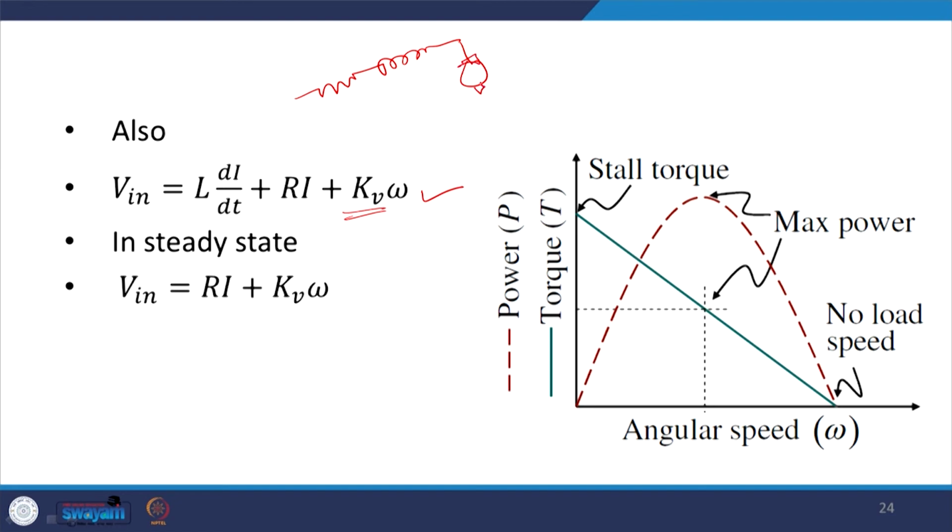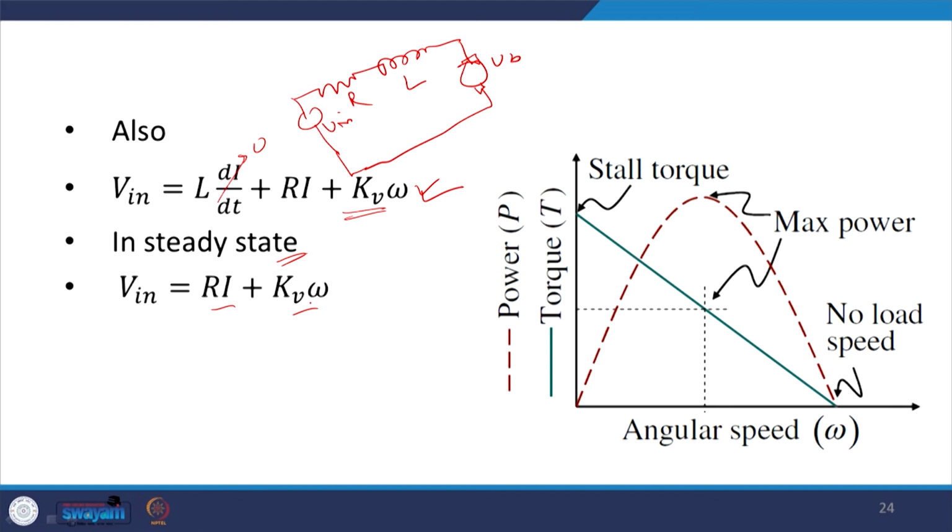So, this is basically your Vb, okay, and you have here V in actually, this is your R, this is your L. So, if you apply Kirchhoff's law over here, you will be getting this equation, okay. And again for steady state, this term is going to be 0. So, you have Ri plus Kv omega, okay.